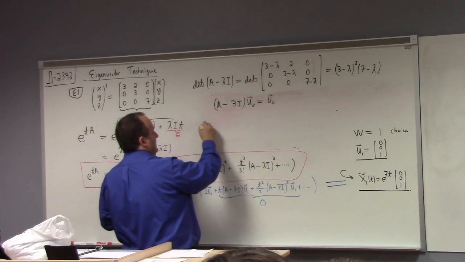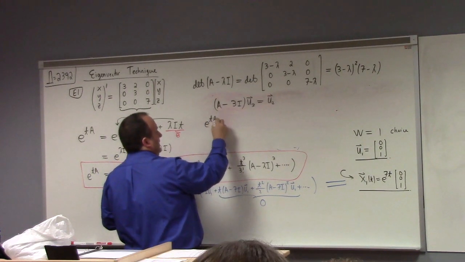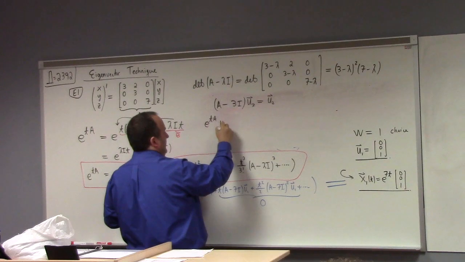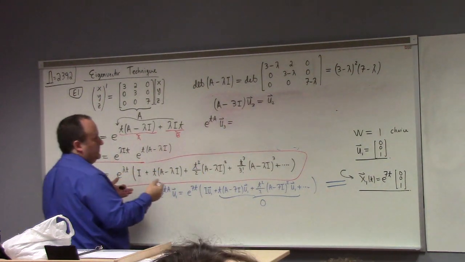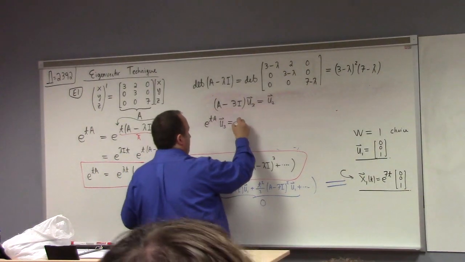Check it out. Then I'd have e to the tA times u3. I put the magic formula with lambda equals 3 because I'm after the eigenvalue 3 solution.